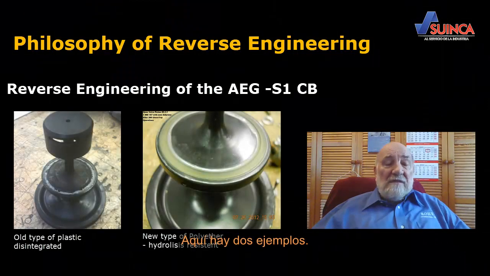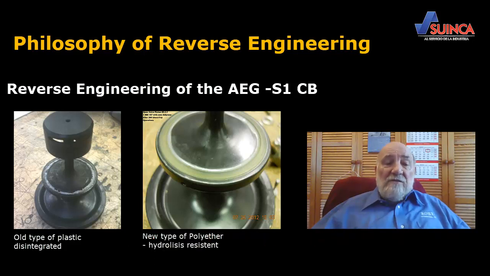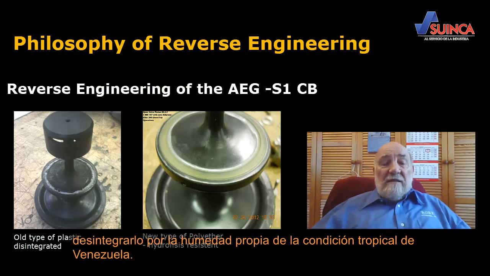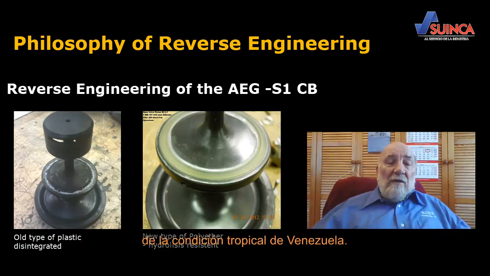Here are two examples. An example first, one of the main valve: the old plastic type of material used disintegrated with moisture and humidity of the tropical condition in Venezuela.